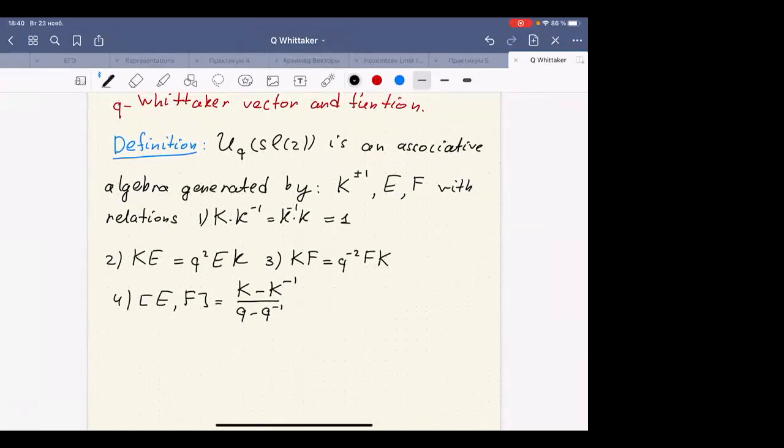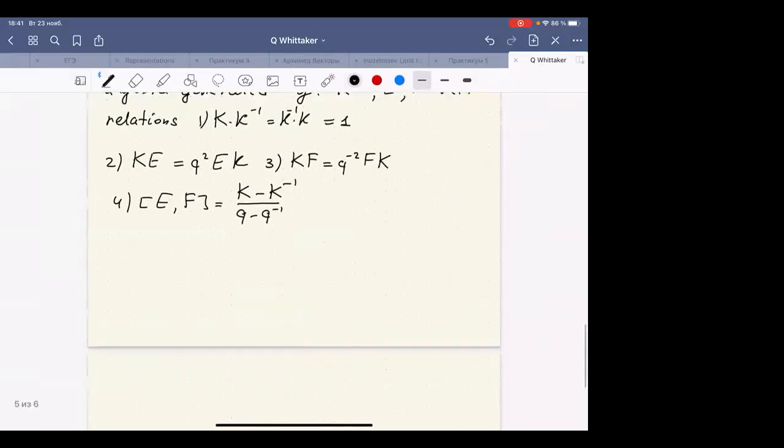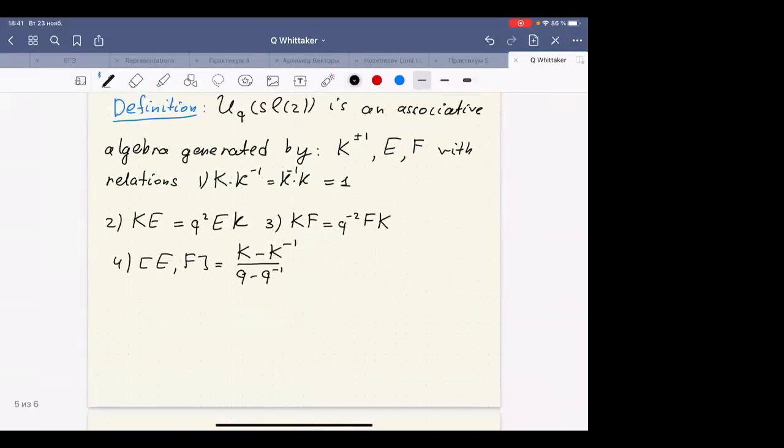So this is the definition of quantum SL2. And this is all that we need for the quantum Whittaker vector. So we introduce a Verma module V lambda.